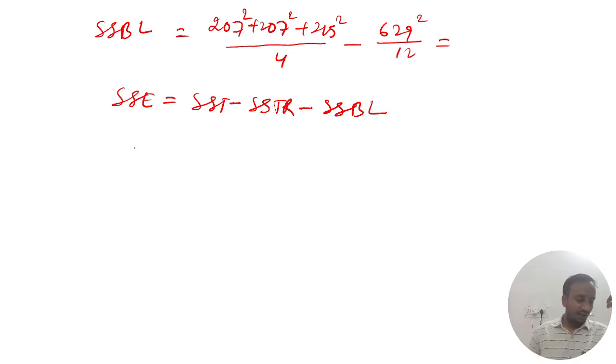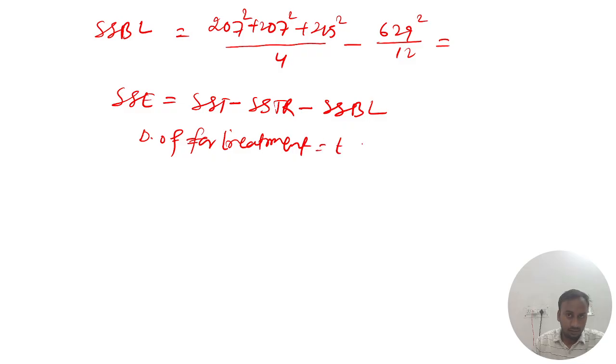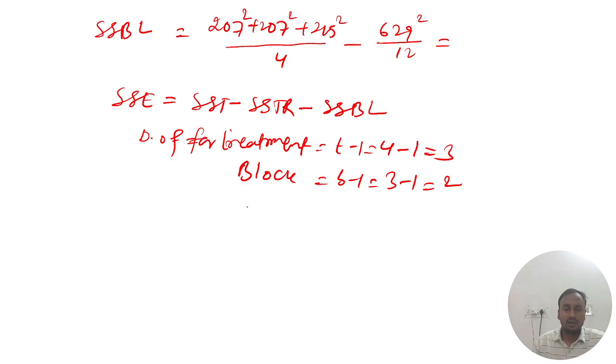We'll get it. So what will be the degree of freedom? For treatment, how many treatments do we have? 4 minus 1, 3. For block, B minus 1, 3 minus 1, 2. Then for error, T minus 1 into B minus 1. T minus 1 is 3, into 2 is 6. What about total?